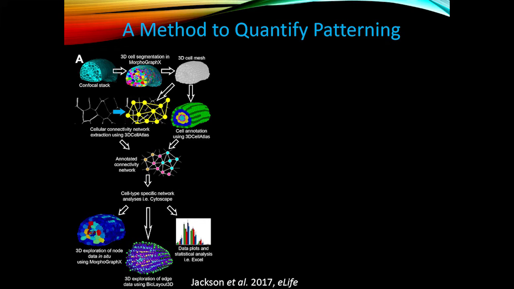And from that, we can extract a network which tells us which cells are connected to which other cells. So here the network, the nodes, which are these dots, are representing the cells themselves. And the lines which are connecting the nodes, called the edges, are the physical associations between the cells. So what we've done is gone from a 3D picture of a plant tissue down to a network which describes how the cells in the plant tissue are connected to one another.